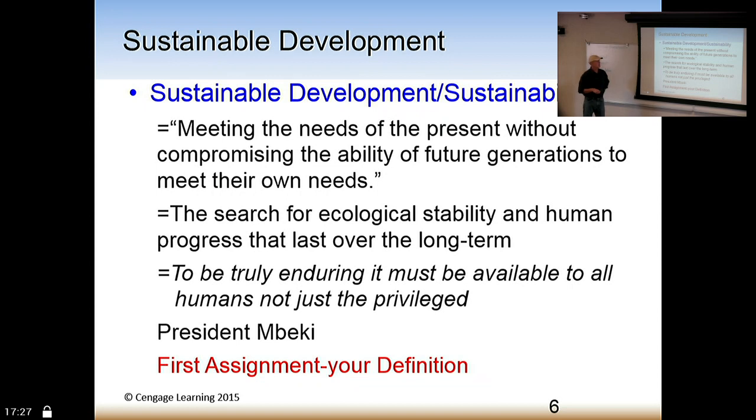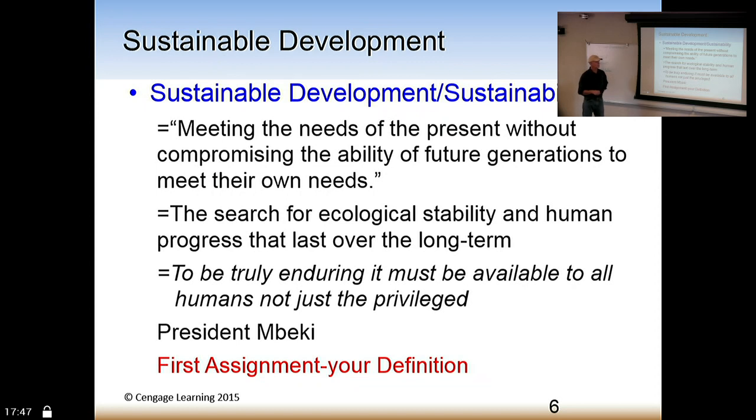Another definition is the search for ecological stability and human progress that lasts over the long term. So you're getting two themes starting to develop here: looking ahead, a long-term focus, not day by day, month to month. Okay? And here's the sentiment that basically started all this.